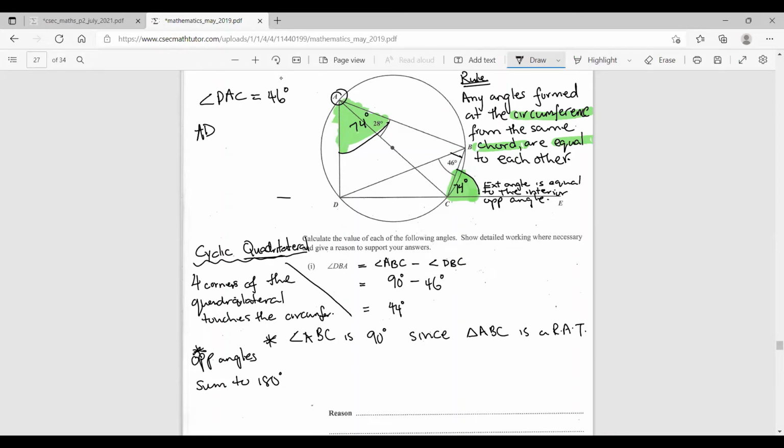But we could have also used the cyclic quadrilateral rule to find the inside of here by subtracting 74 from 180, giving you 106 degrees. And then subtracting the 106 from 180 again because of the semicircle straight line, giving you 74 degrees. A lot of concepts. I hope you all took notes of each of them.